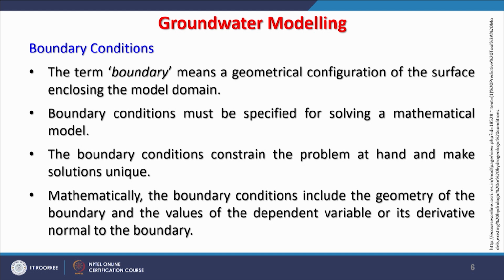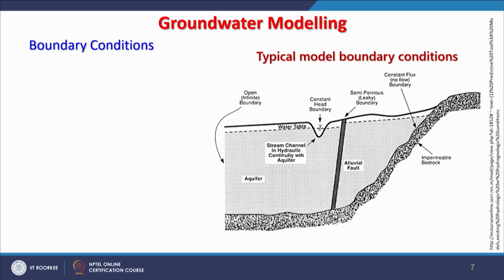So, that solution becomes unique, specific to that site. Mathematically, the boundary conditions include the geometry of the boundary and values of dependent variables or their derivatives normal to the boundary. For example, here we are seeing a typical model having boundary conditions. Here we have a semi pervious, leaky boundary, or we can say a leaky aquifer, because of a fault.